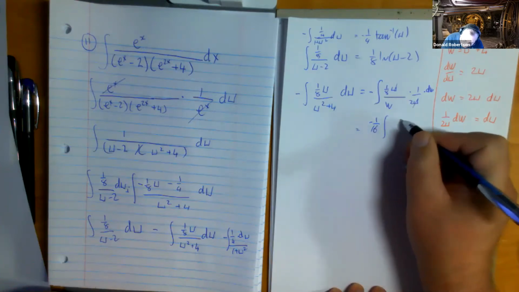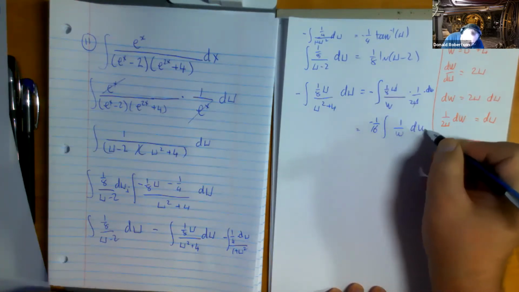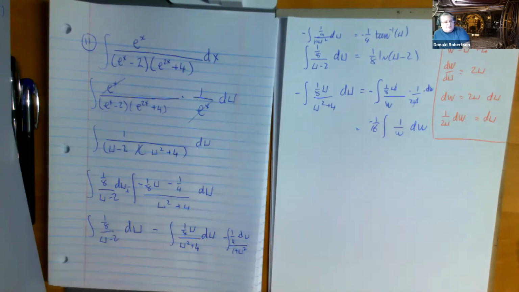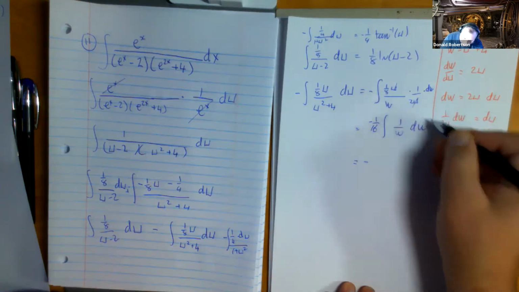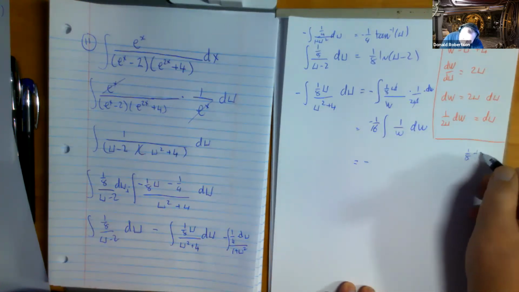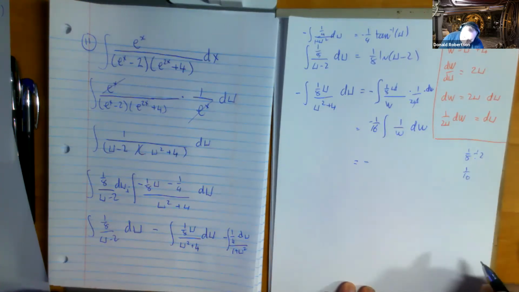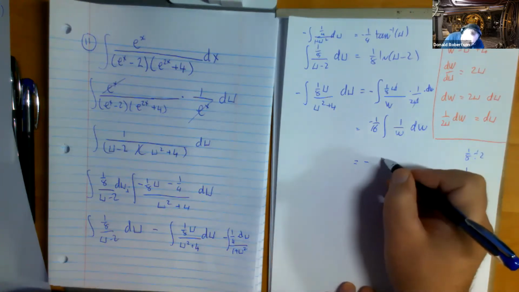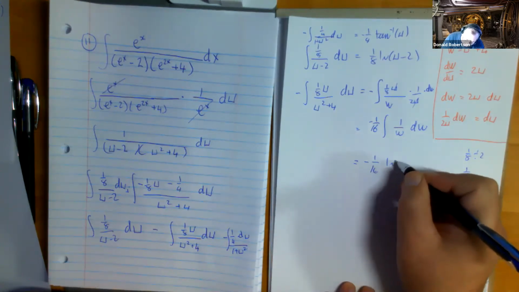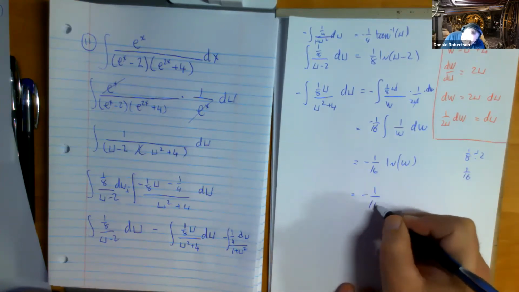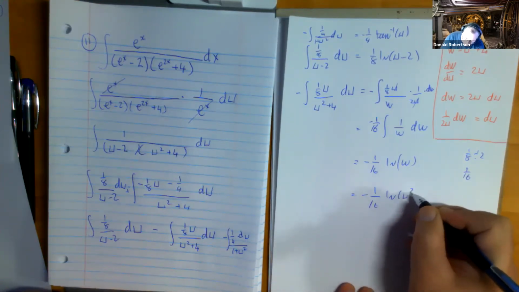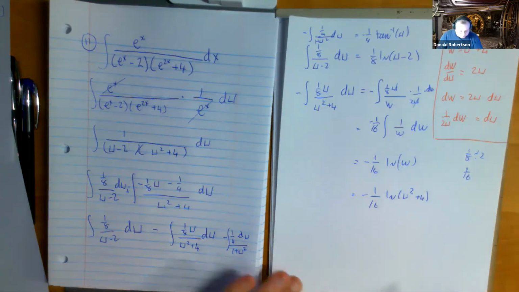Let's just pull the thing out. I probably should have done that a lot earlier. Can we just call that -1/16 and it's out of the way? So it's integral. Right, a half on the top. It's a bit like saying a half divided by 2. So -1/16 the log of w, which becomes -1/16 the log of u squared plus 4.